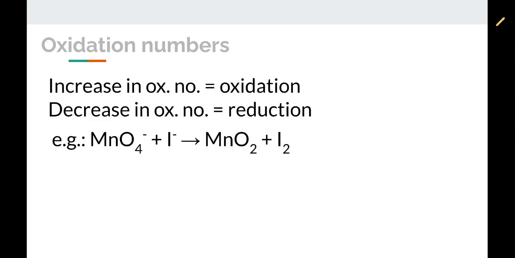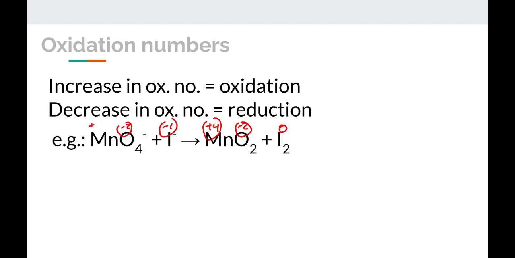Another example, here we have iodine, an uncombined element, that's 0. Here's a monatomic ion. Its charge and oxidation number are going to be the same. Here's oxygen in a compound, -2. -2 twice is -4. MnO2 is a neutral compound, so the manganese is +4 oxidation number. Oxygen is also going to be -2 here. -2 times 4 is -8.